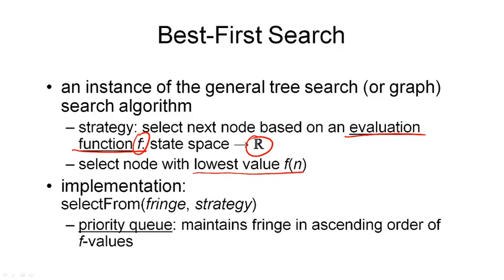A good way to implement this is by means of a priority queue. A priority queue maintains all the nodes in the fringe in ascending order of their f values. A priority queue can be implemented as a binary tree, which means both adding a node and retrieving the node with the lowest f value has logarithmic time complexity.